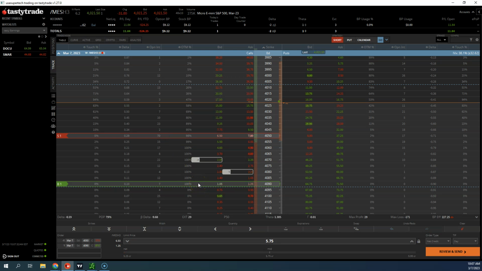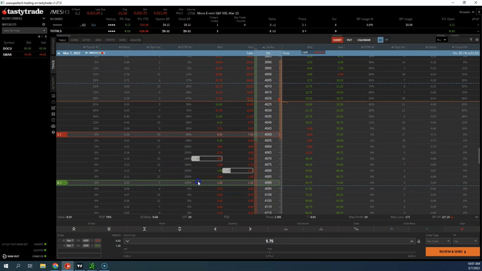So let's move it in this case to 40.50. All right, so if it's up to 40.50, and we leave the spread at 40.90, you now have a pretty wide spread. Your buying power effect is 227, maximum loss is 170, maximum profit is $29.